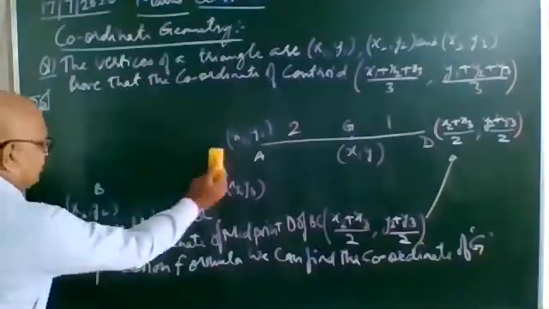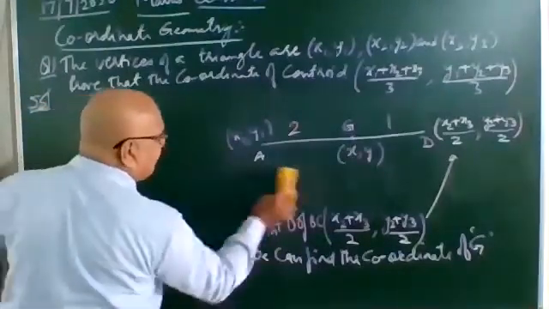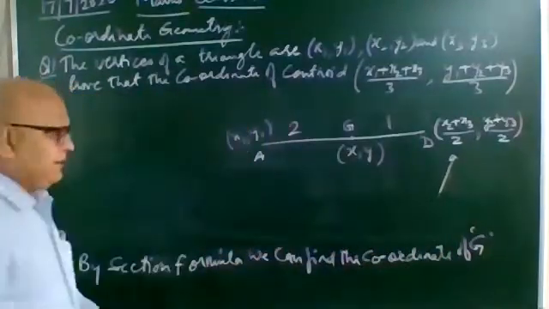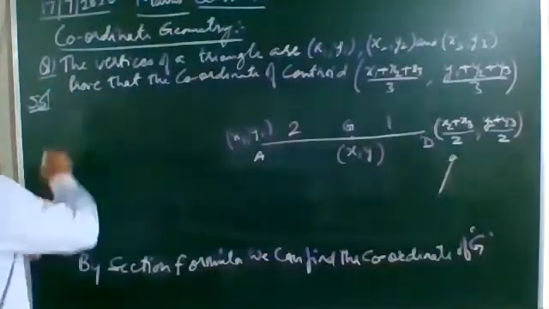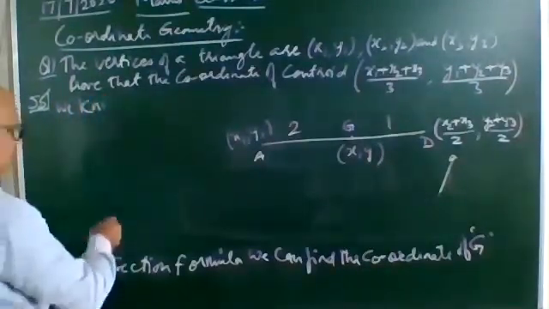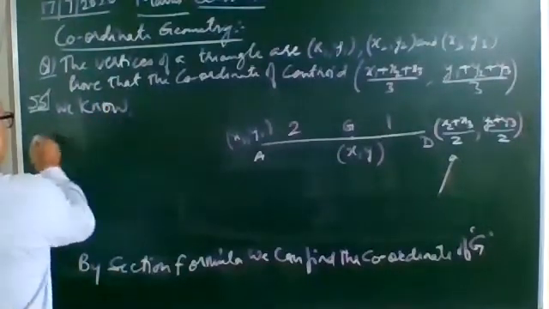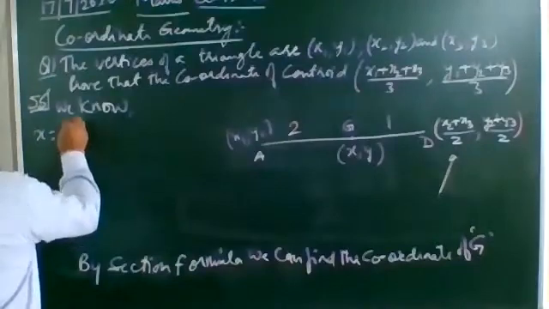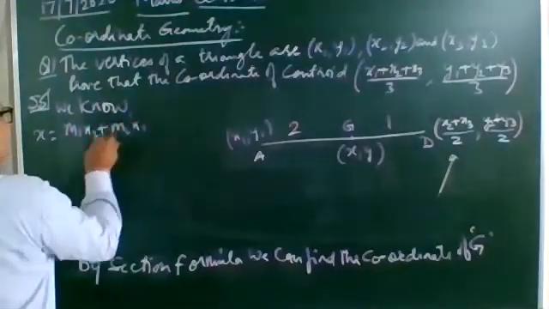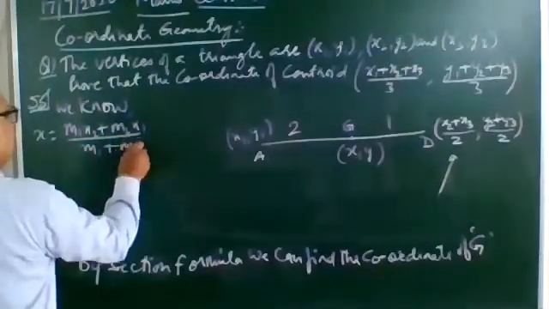Now I will rub this a little. That is, we know x equal to m1 x2 plus m2 x1 upon m1 plus m2.